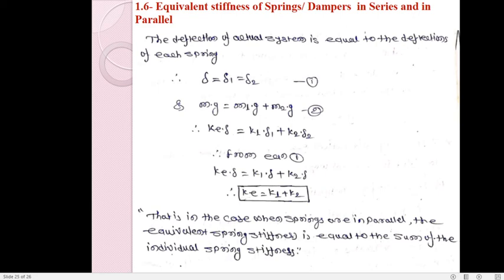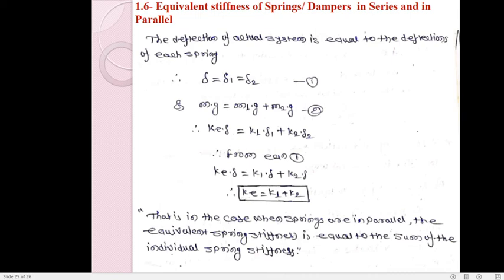So this way we can find the equivalent stiffness when the springs are connected in series or in parallel. Similarly, in vibration cases we have to use absorbers, known as dampers. As we use a number of springs, similarly we can use a number of dampers also.